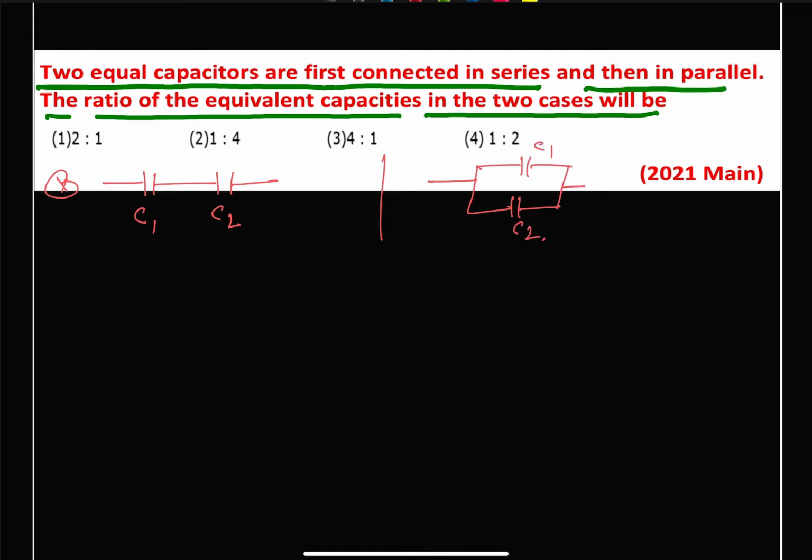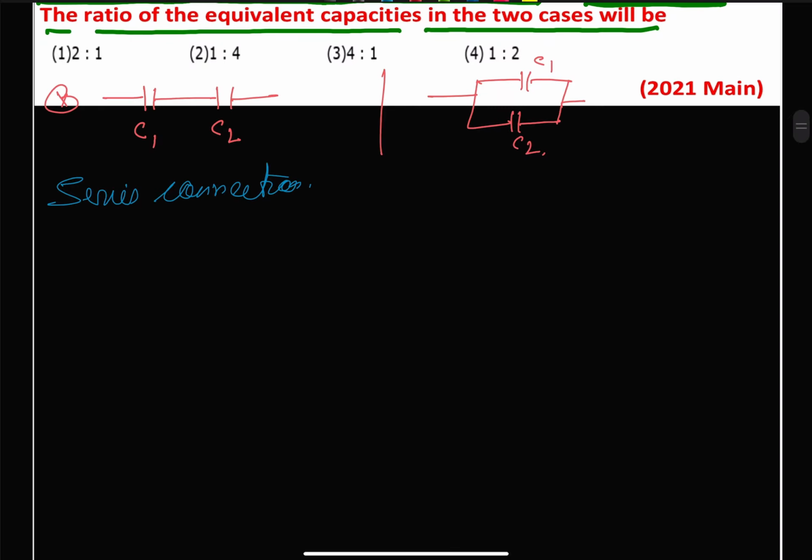So when they are in series, the equivalent capacitance, let us suppose CS, then 1 upon CS will be equal to 1 upon C1 plus 1 upon C2.